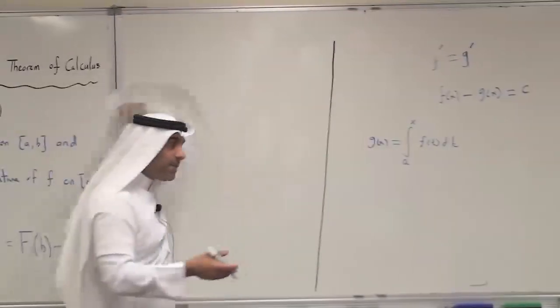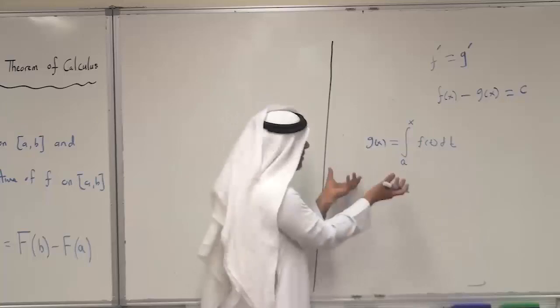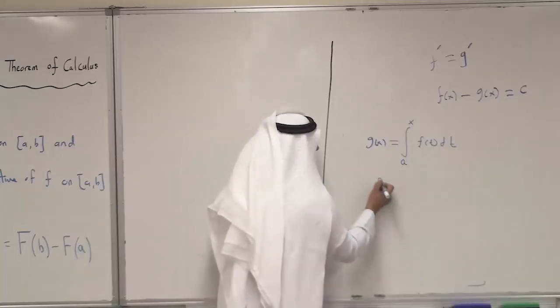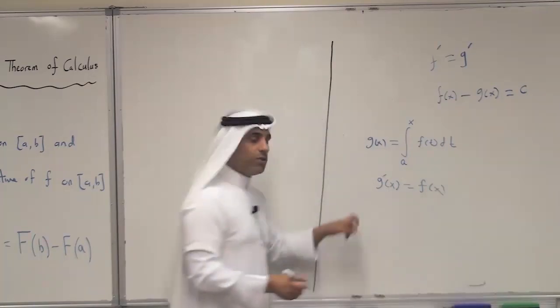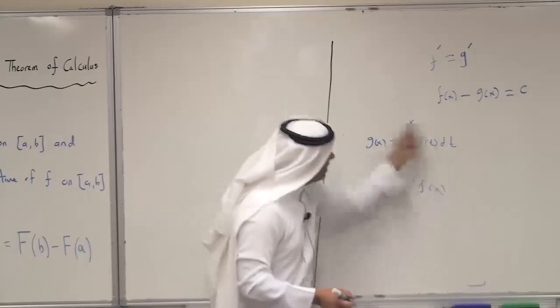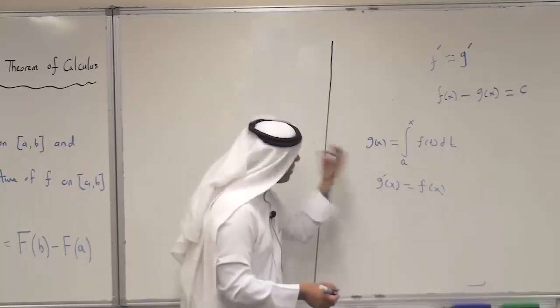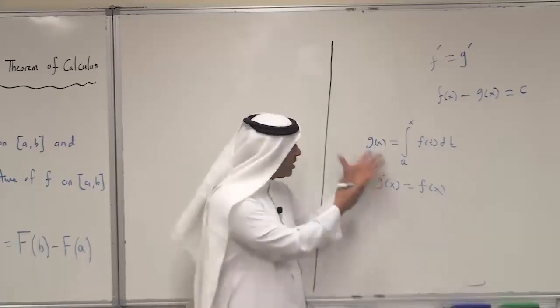Now, what is the derivative of this function? We know that g prime of x is nothing but f of x. So this function g of x, which is defined in terms of an integral, is actually an antiderivative of the small function f of x, because once I differentiate, I get this.